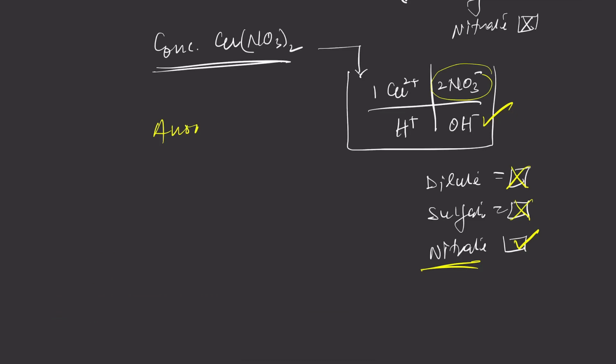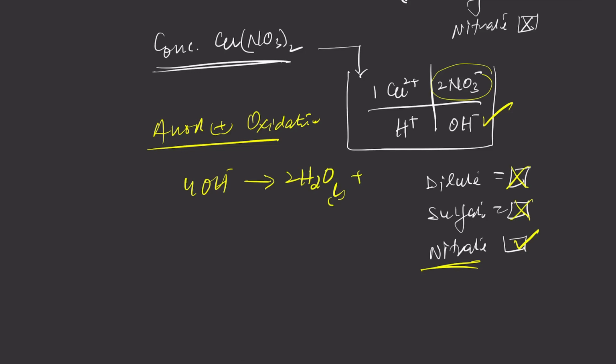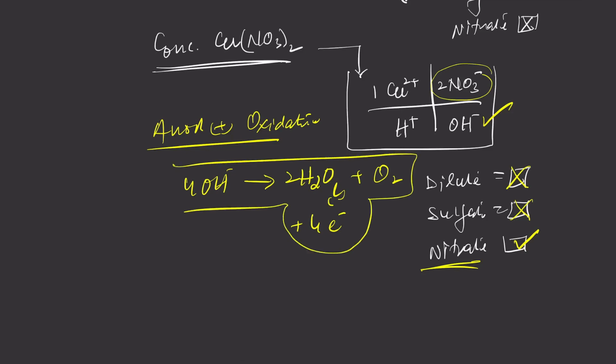At anode, first write the equation at anode. Anode is a positive terminal where oxidation occurs, and here 4 OH- ions will go to make 2 mole of H2O liquid water and 1 mole of oxygen and 4 moles of electron. That is the basic reaction that will happen at anode in case of concentrated copper nitrate.